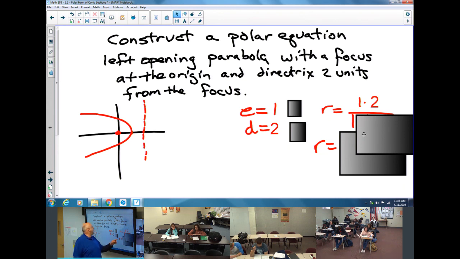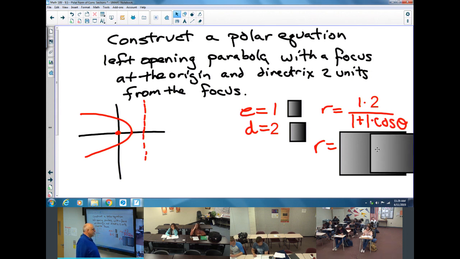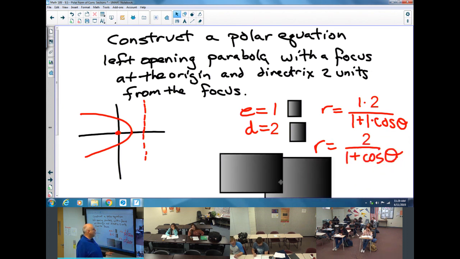So I'm going to have a plus, and if I have a vertical directrix, do I use sine or cosine? Cosine theta. So it's E times D over 1 plus E cosine theta. If I simplify that, the equation would be 2 over 1 plus cosine theta.